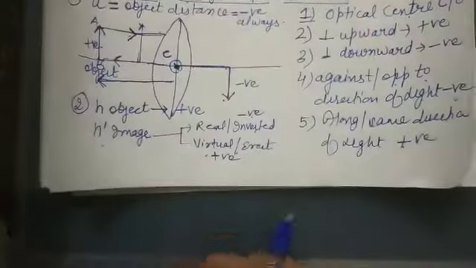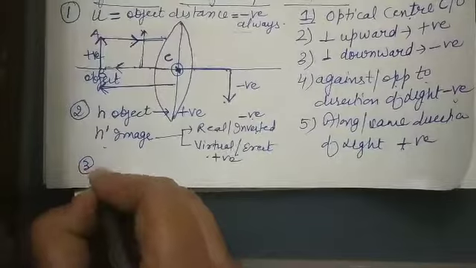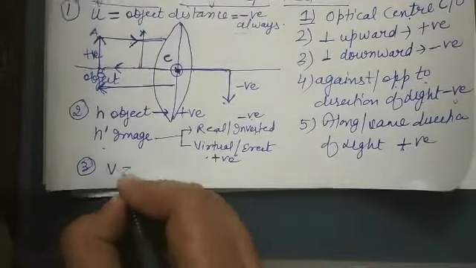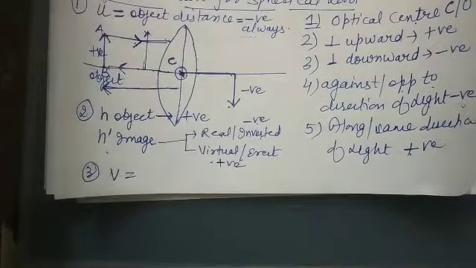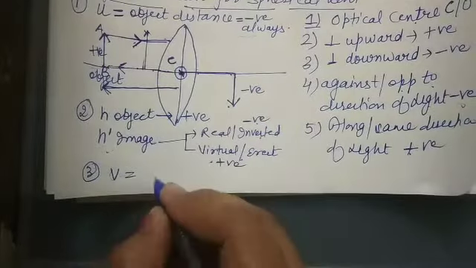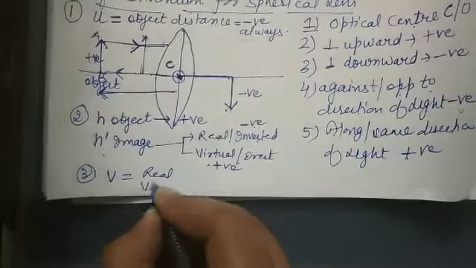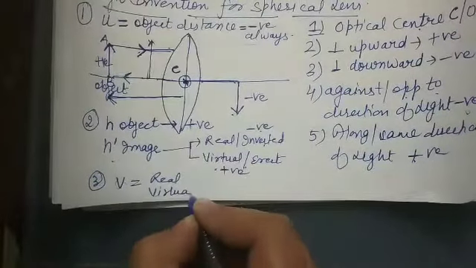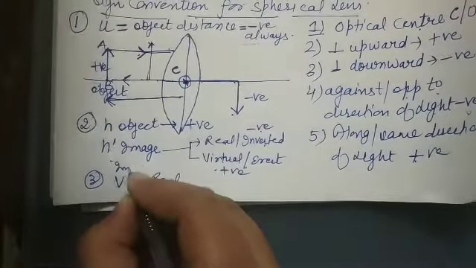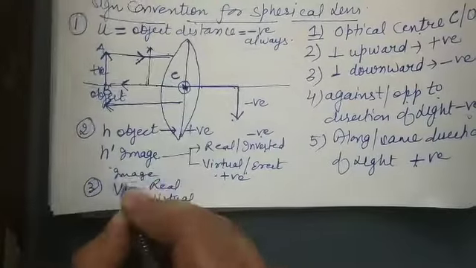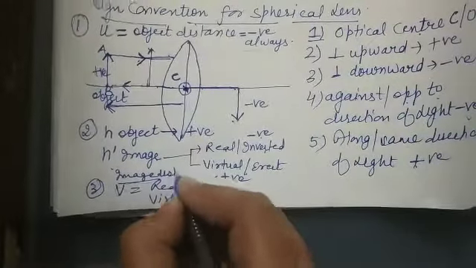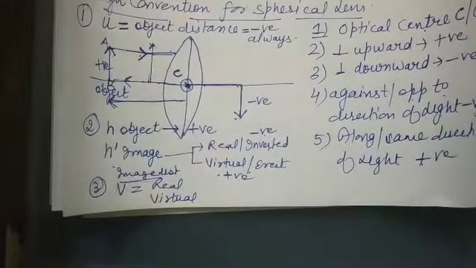Okay. Now third, V. What is V? Image distance. The image may be real, the image may be virtual.